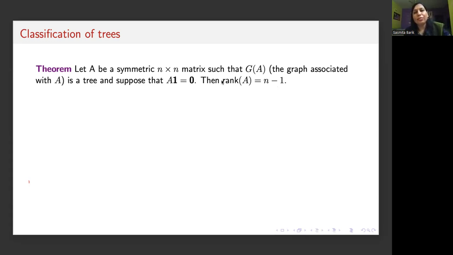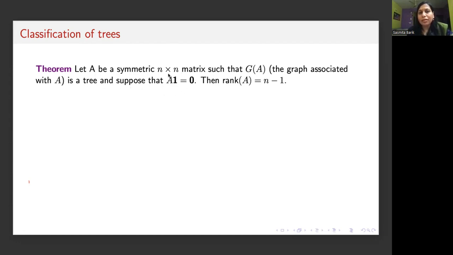So this is more general. This is also true if you take complex matrices. Here we are using symmetric, but it's true also for the Hermitian case. So if A is a symmetric matrix and this G_A, the associated graph, takes a tree structure, so it becomes a tree.